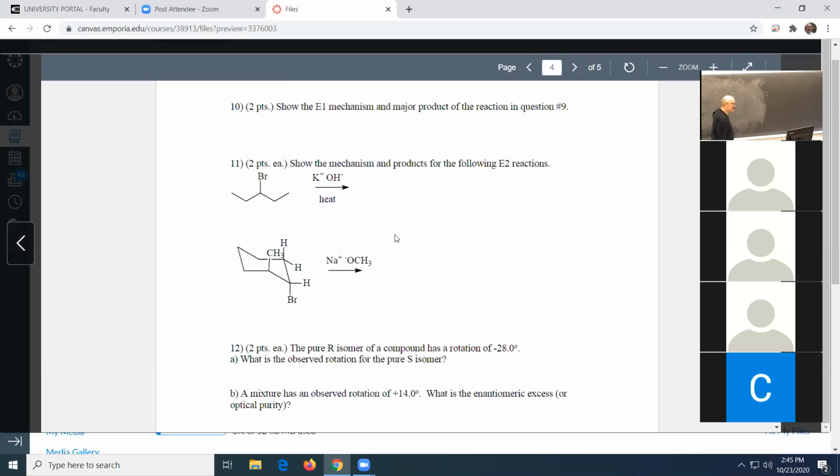Okay, and then we have a cyclohexane chair. Bromine down here.